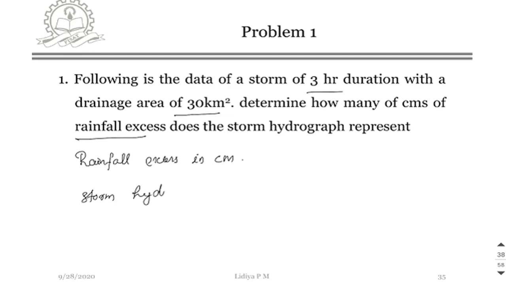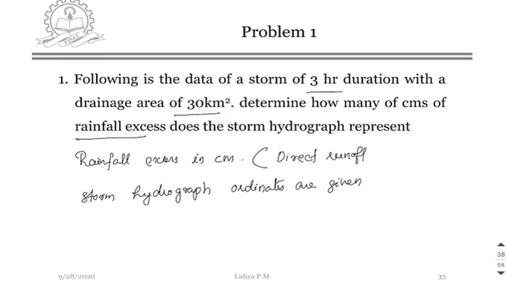Here the storm hydrograph ordinates are given. We have to calculate the direct runoff depth. So what is the equation to calculate direct runoff depth?